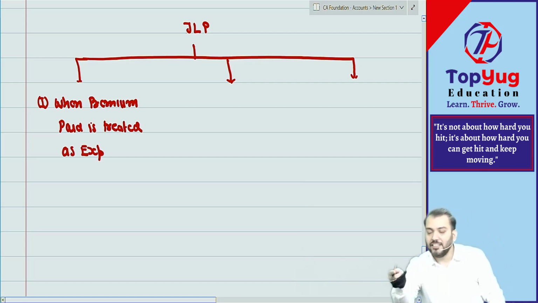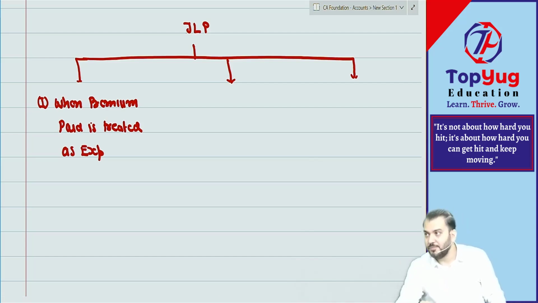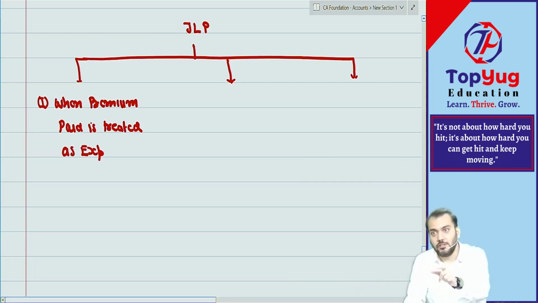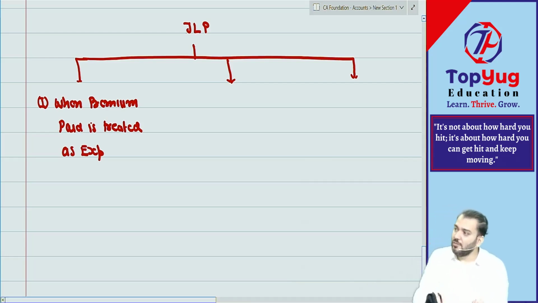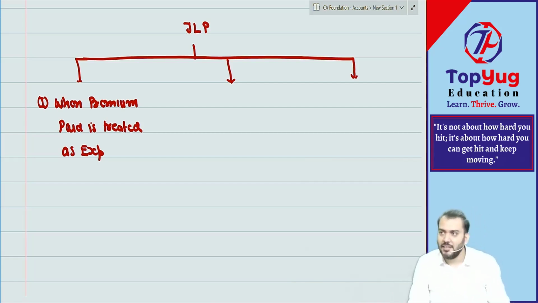When premium paid is treated as expense in the books of the firm. Are you happy? Happy only. Now, slowly your thought will change. I will give the second. This is only better. First is what? Premium treated as expense. I think you will accept it. So in this case, what will be the accounting treatment that we need to understand?